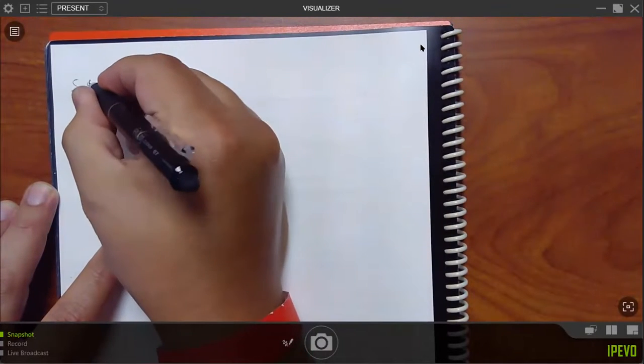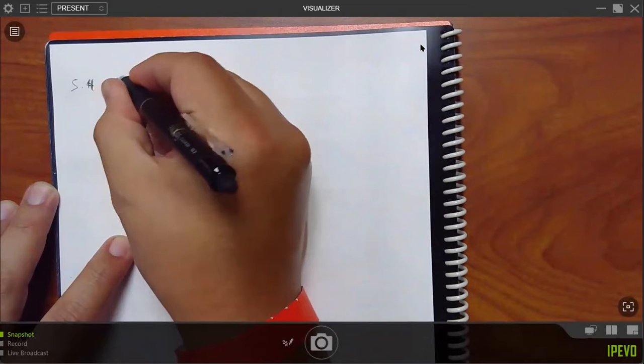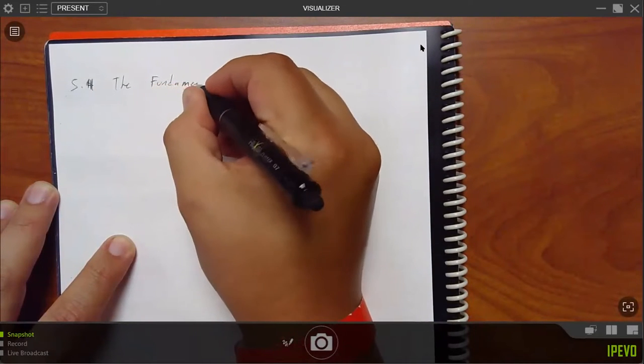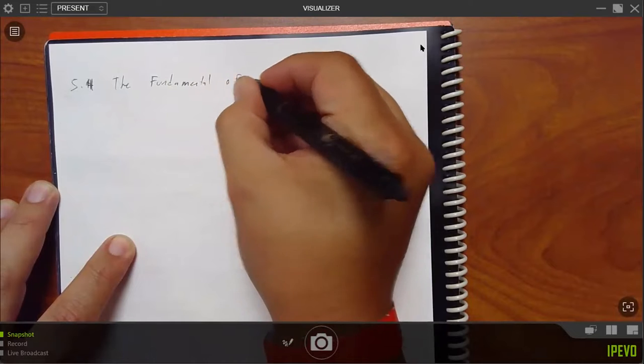Five point four, the fundamental theorem of calculus.